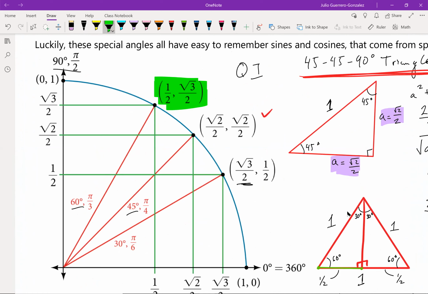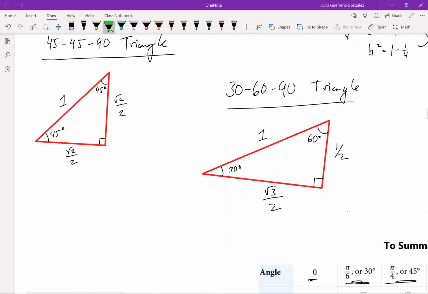So it's going to be the opposite over the adjacent, 1/2 divided by root 3 over 2.